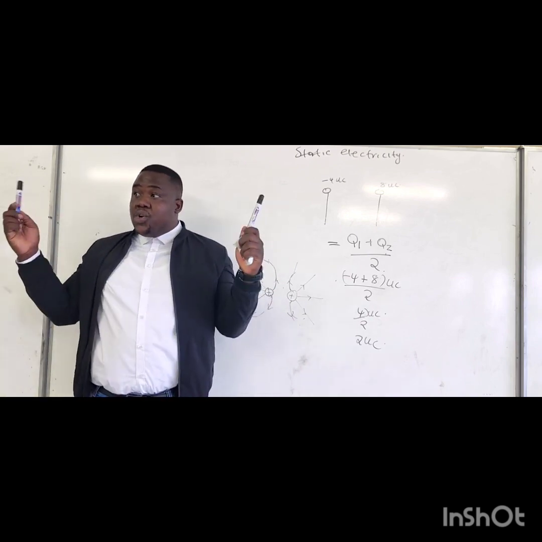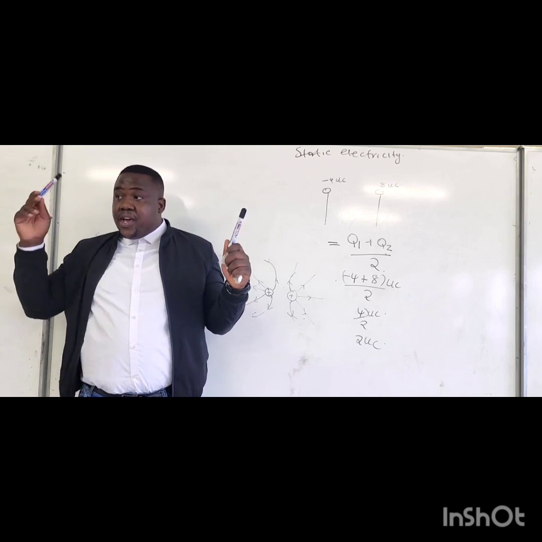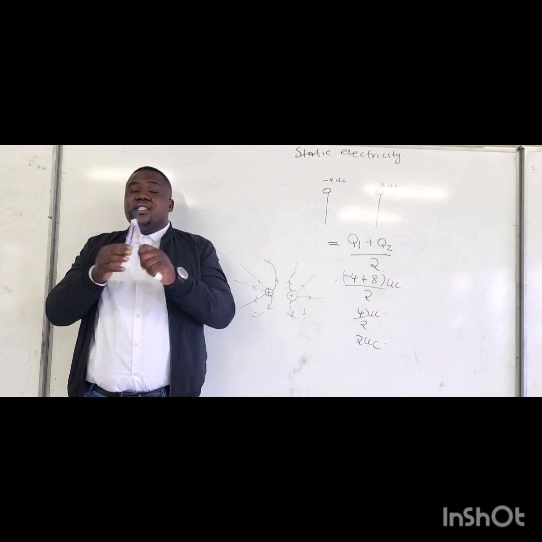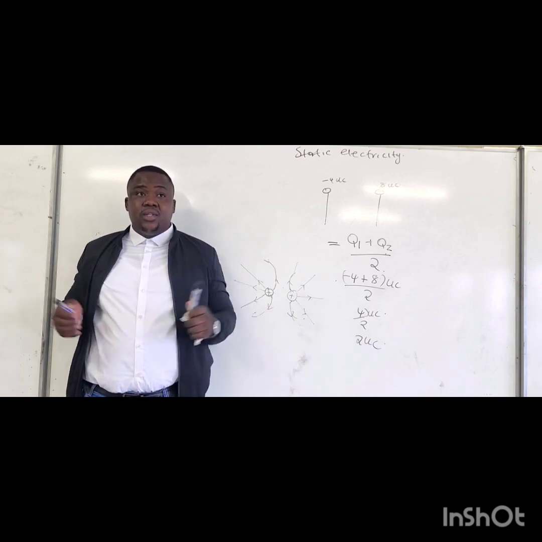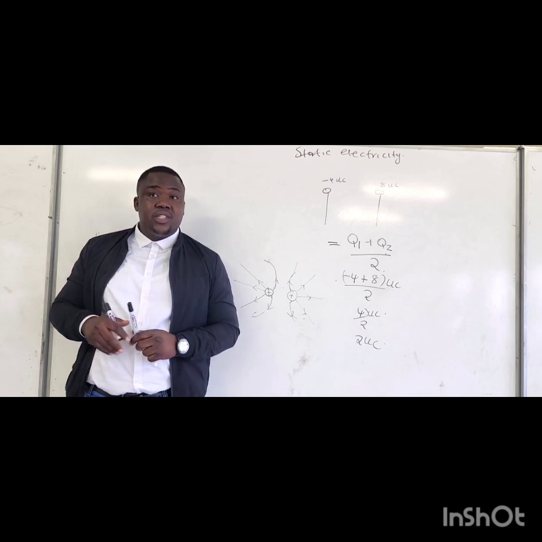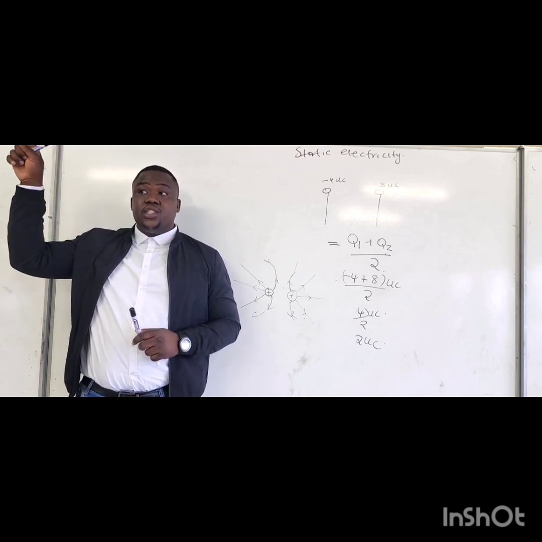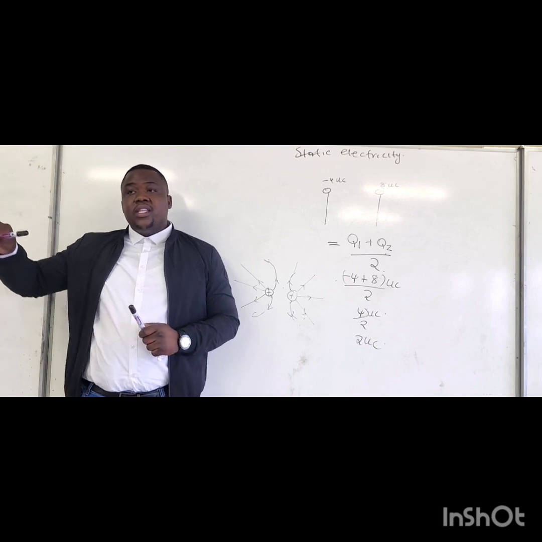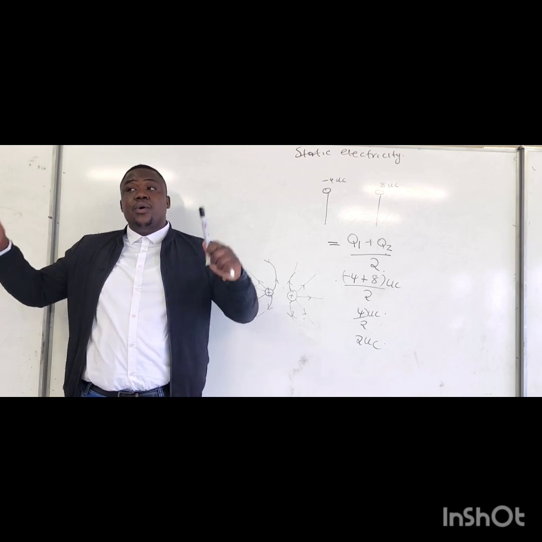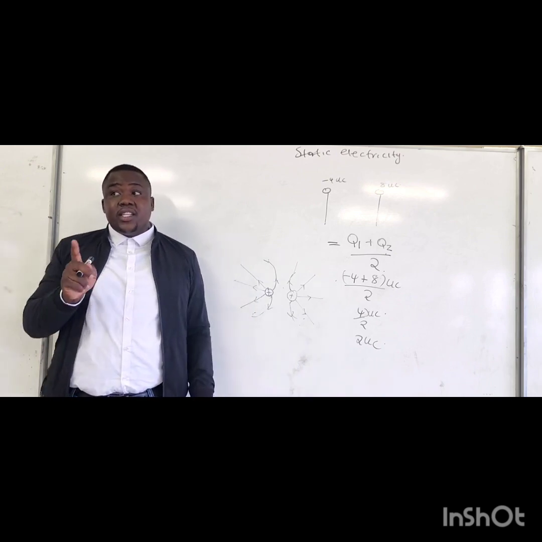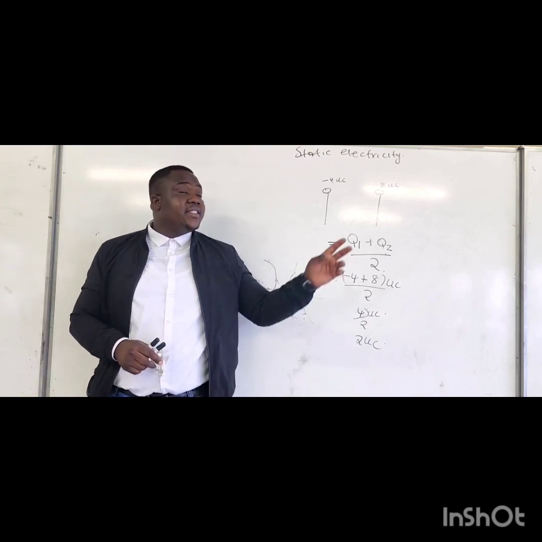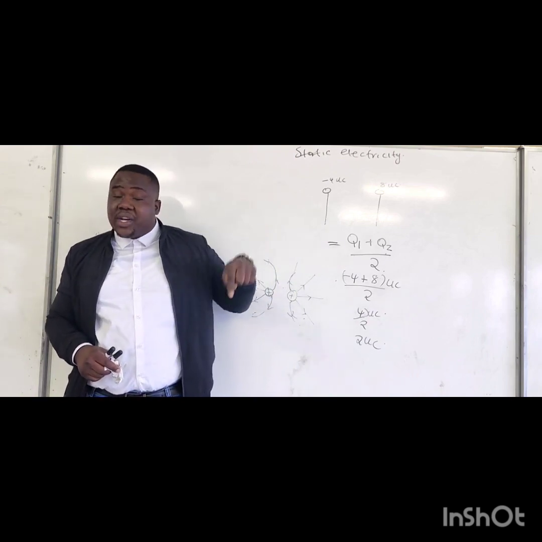Did you learn? If you have two charges on sphere A and sphere B, and you are told that the spheres were made to attach and separate, you become happy. Because when they attach and separate, you say charge 1 plus charge 2 divided by 2. For the questions that come after that, you no longer look at the spheres as they were originally.